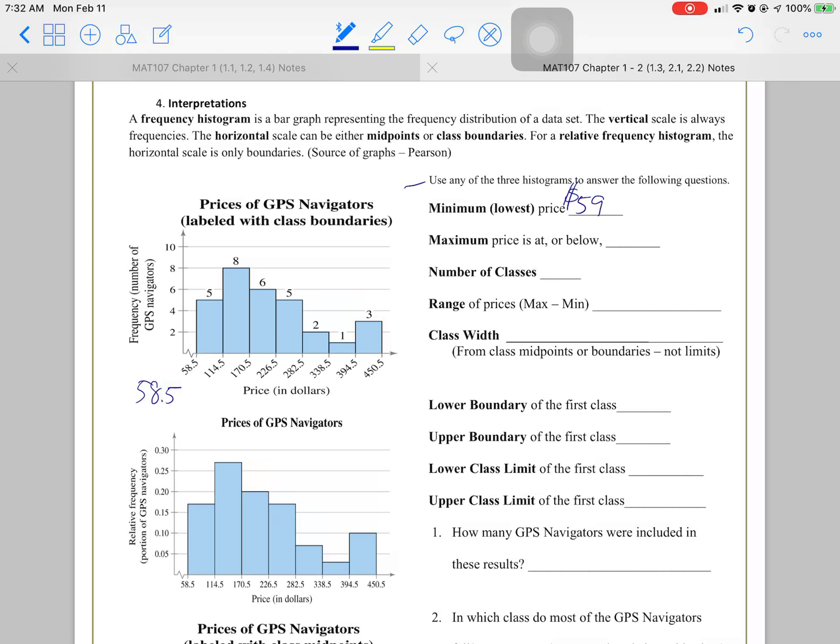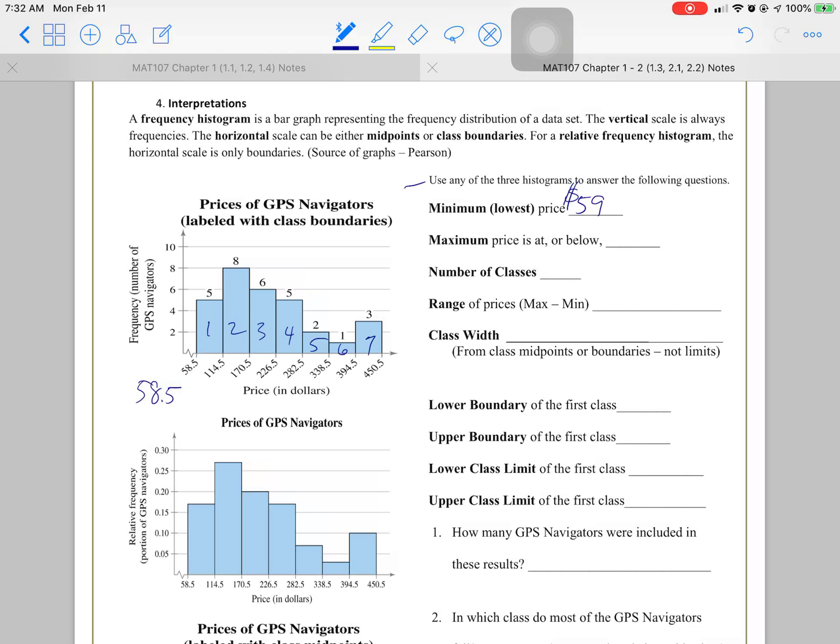$59. The maximum price is somewhere in this last class. I talk about the different classes. Look, 1, 2, 3, 4, 5, 6, 7 bars in the histogram. So 7 classes in the histogram. The lowest boundary is 58.5, so the lowest price has to be 59.